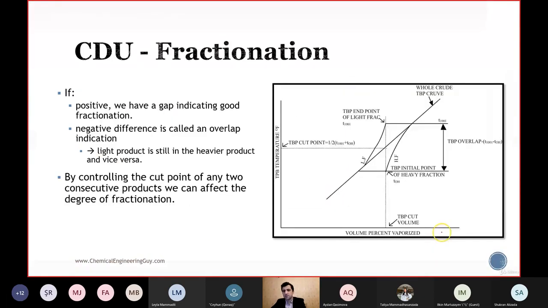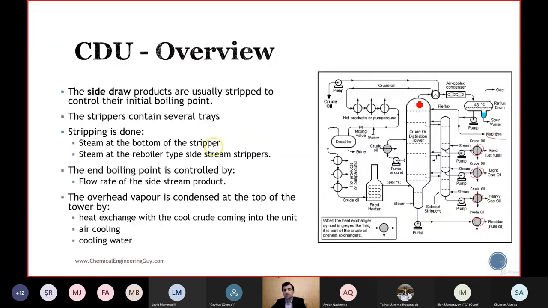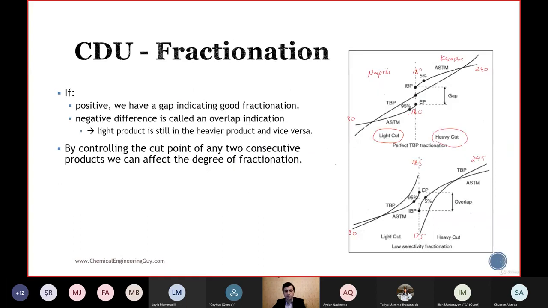We have the gases here, and we cool them down. We have an air cooler. We have a reflux drum, and again we separate the LPG as liquid and send the rest of the LPG back to the column. And from the bottom we have the liquid naphtha, and liquid naphtha is sent to the NS.